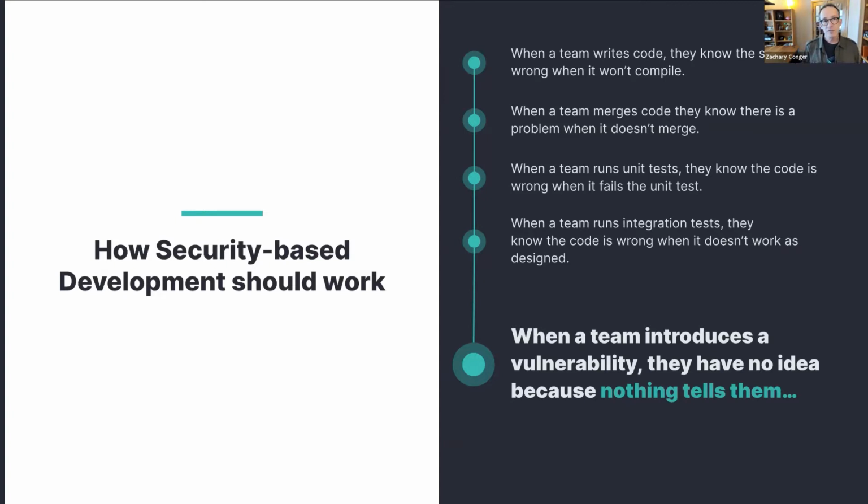If they've got a conflict with other code in the repository, they're going to get a merge conflict, and it won't merge. If there's a logic problem in their code, their unit tests are going to fail. If there's a problem integrating with the platform as a whole, they're going to get integration test failures. But if there's a security bug that they introduce, there's nothing that's really going to tell them in real time, and that's what we're trying to address.